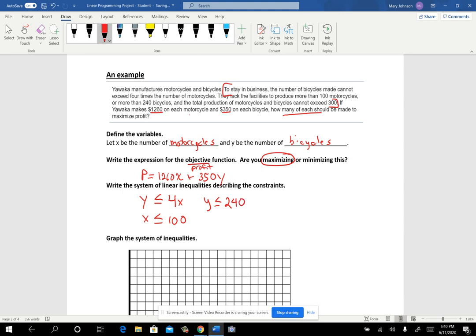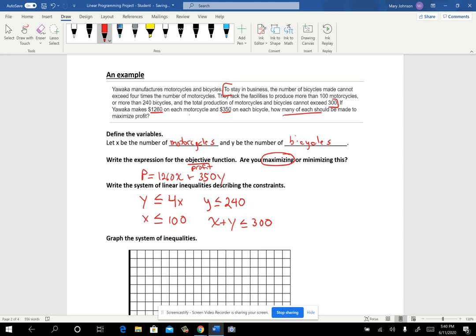There's one more constraint that's explicit. The total production of motorcycles and bikes cannot exceed 300. So however many motorcycles together with how many bikes you make has to be less than or equal to 300. All right, those are the constraints that they actually state.